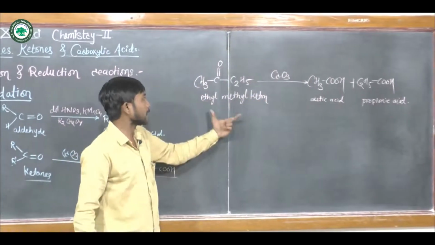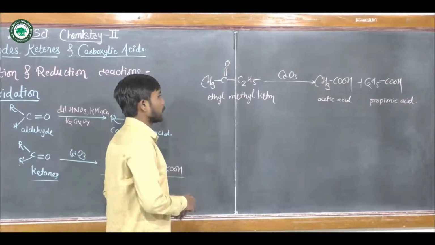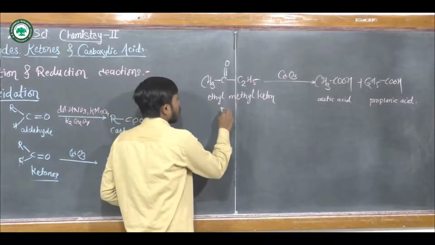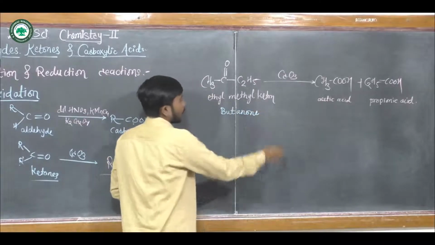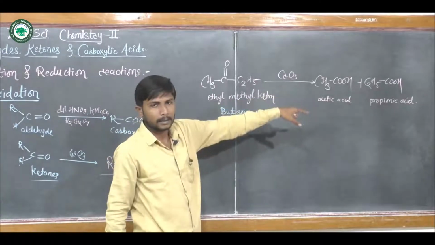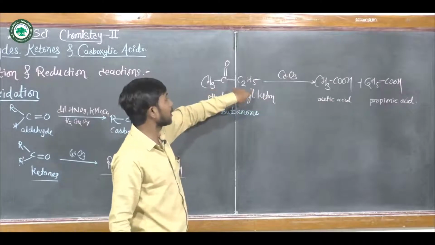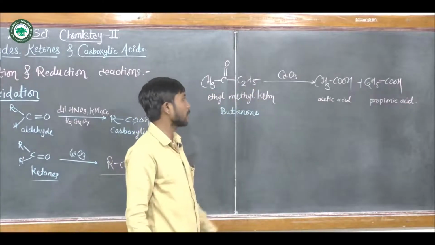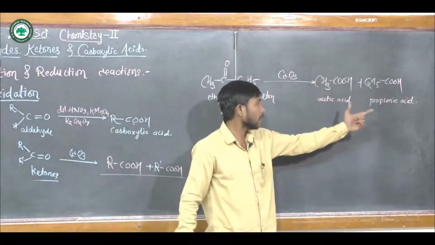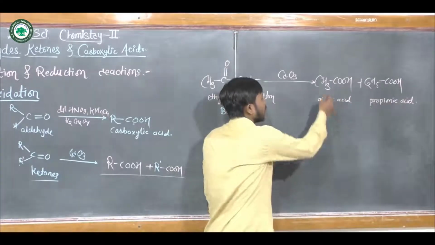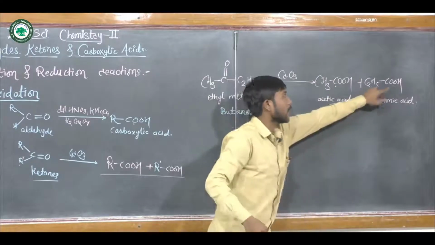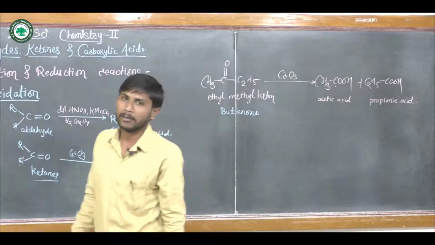Look at the starting material. By IUPAC nomenclature, this is butanone, the starting ketone having 4 carbon atoms, while the mixture of 2 carboxylic acids, acetic acid and propionic acid, contains 2 and 3 carbon atoms.